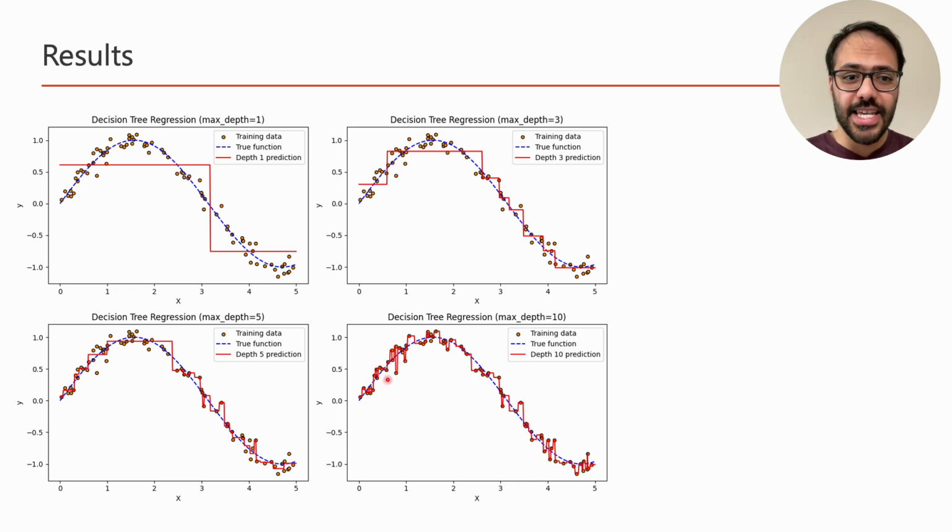Because what's happening here, you can see that because of the extra complexity, we can do a really good job of going through all these training data points. However, that actually takes us away from the true behavior of this function, which was that sine function. Whereas, for example, the one with max depth 3, you can see that even though it's simpler, it does overall a better job of capturing the shape of this sine function without too much wiggling.